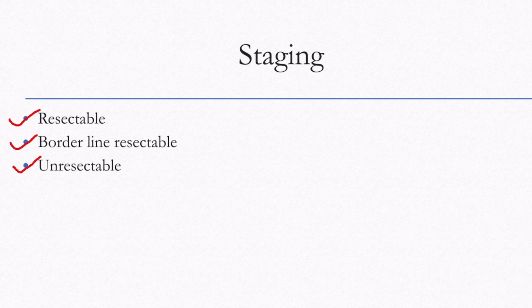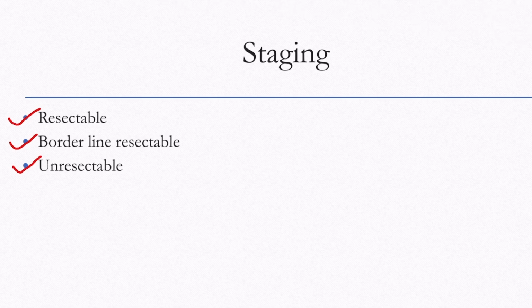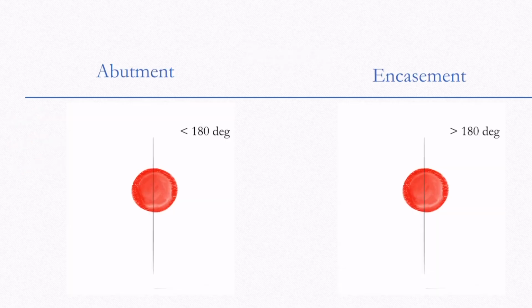borderline resectable and unresectable. Any tumor involvement more than 180 degrees of circumference means that tumor cannot be shaved off from vessel wall. So either vascular resection and reconstruction is done if survival benefit is present in previous studies, or declared unresectable or borderline resectable depending on the degree of vessel wall involvement.